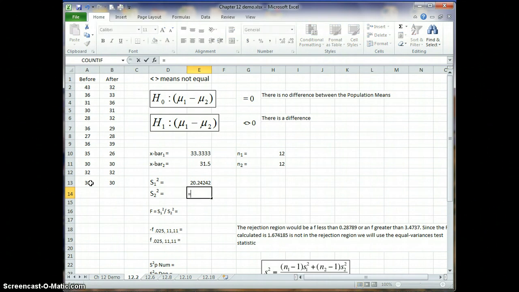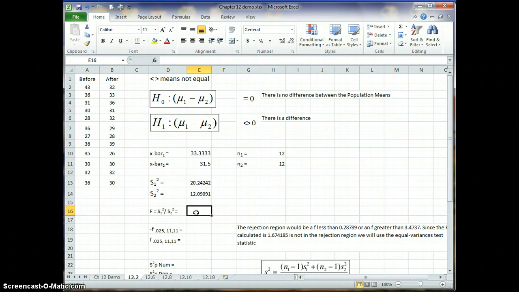And let's do the same with the after. Double click here, select the cells we want, and there we should have 12.09091.